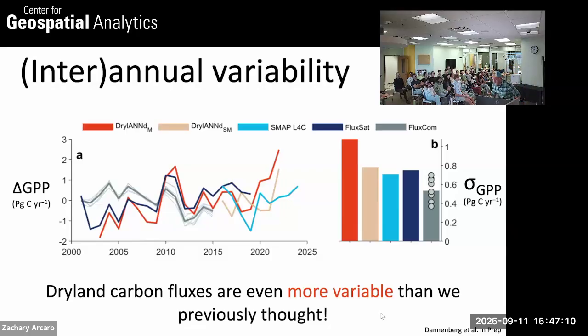Drylands are one of these places where climate change to some extent is causing changes in dryland ecosystem structure that result in more carbon uptake. And specifically, there's a couple of things that have likely happened.